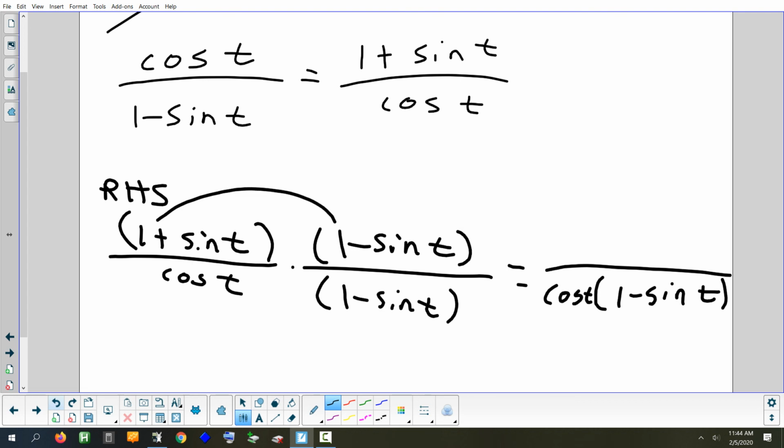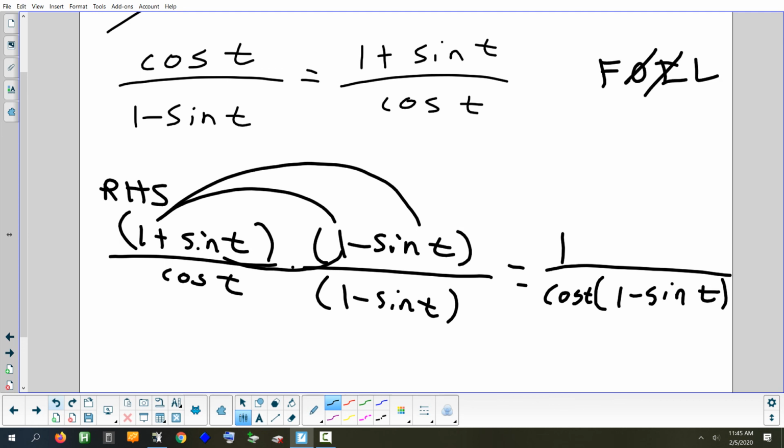1 times 1 will give me 1. 1 times negative sine, 1 times positive sine. Those cancel. Whenever you multiply conjugates, the outer and the inner always cancel. So all you need to worry about with conjugates is the first and the last.